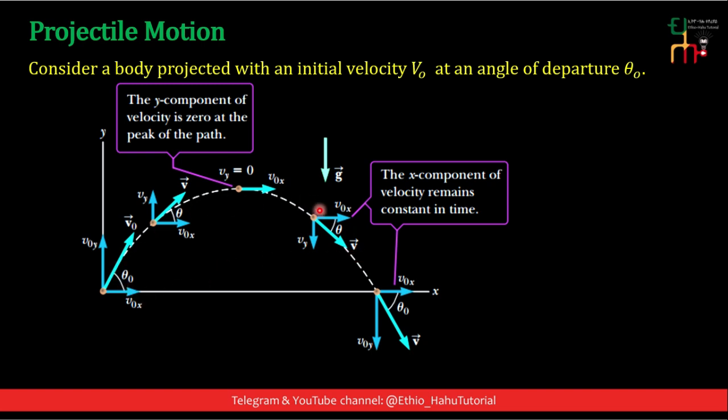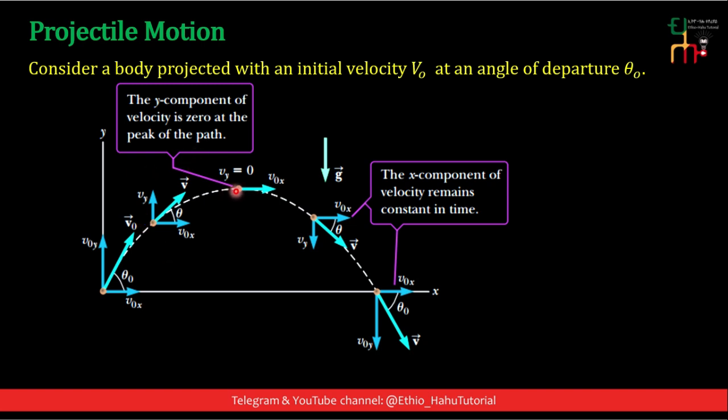On its trajectory, the only net force acting on this projectile is gravitational force, which is directed vertically downward, ignoring air resistance. The vertical component of the velocity of the projectile motion is affected by the gravitational force, whereas the horizontal component of the projectile remains constant.